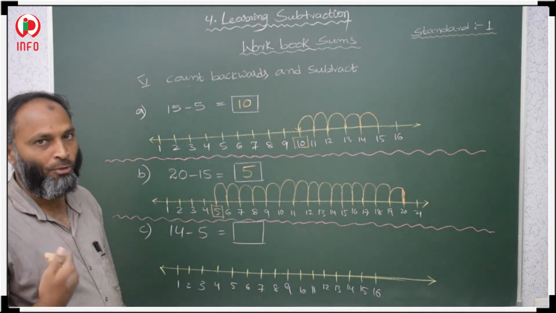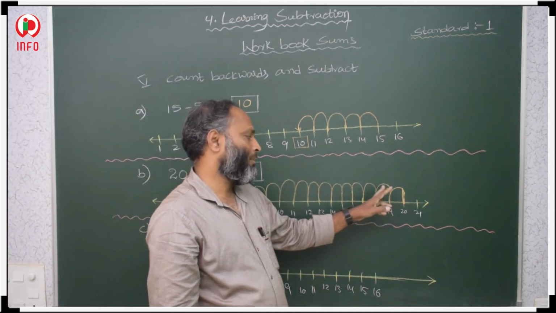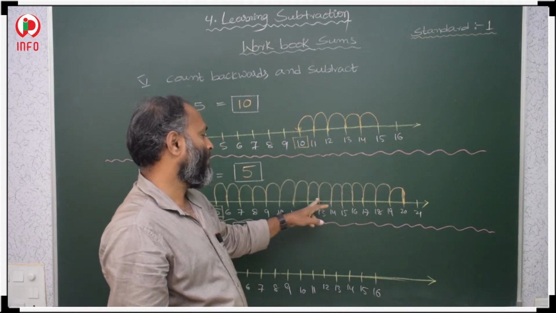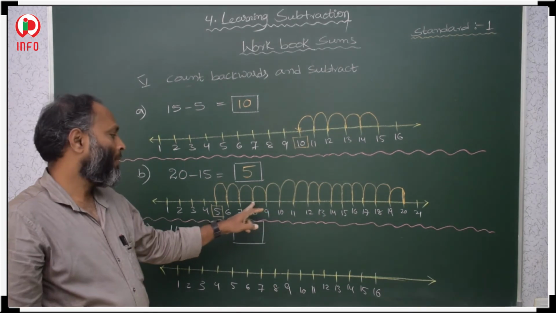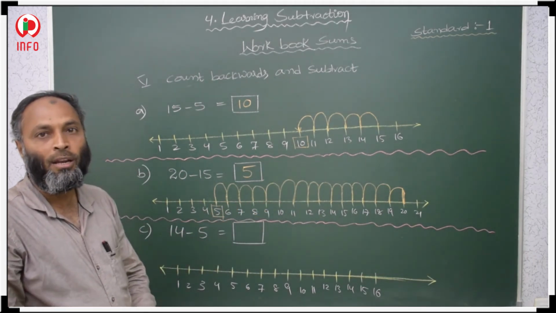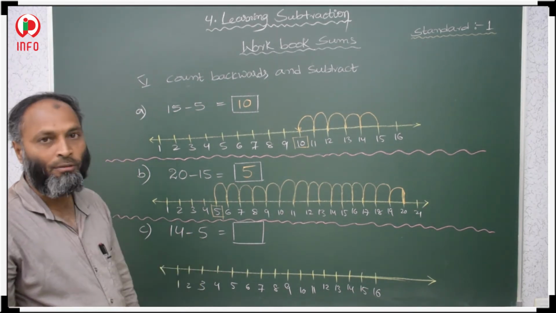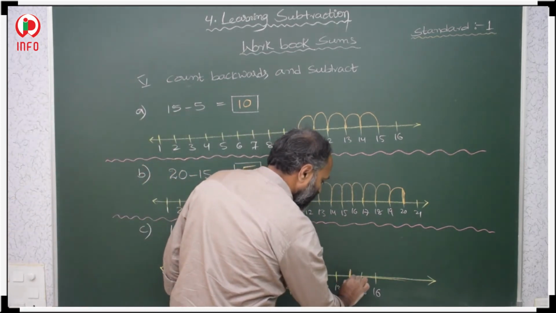It means we move 15 numbers back. Count one by one. 1, 2, 3, 4, 5, 6, 7, 8, 9, 10, 11, 12, 13, 14, 15. So we count 15 back. Here 14 minus 5. It means we start from 14. This is 14.